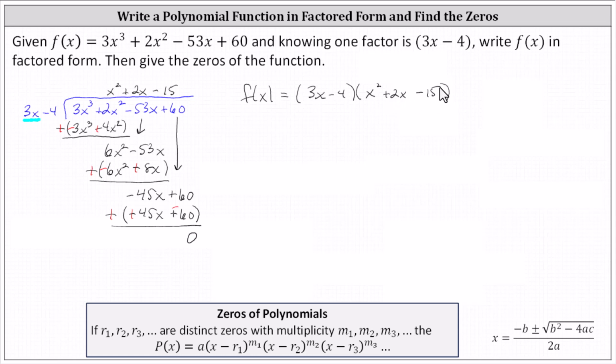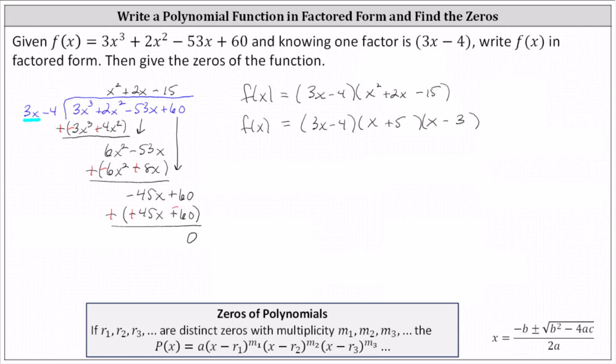And now let's see if we can factor x squared plus 2x minus 15. If it does factor, it will factor into two binomial factors. Because the first term is x squared, the factors of x squared are x and x. Now we want the factors of negative 15 that add to positive 2, which are positive 5 and negative 3, giving us a factor of x plus 5 and a factor of x minus 3.